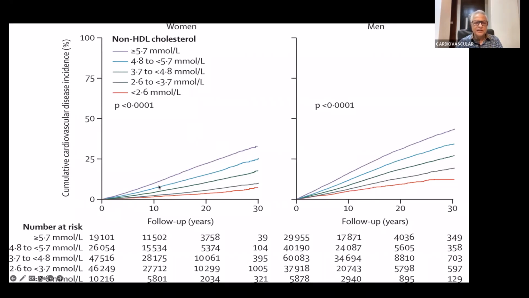We can see as the non-HDL cholesterol increases, the risk of incidence of coronary artery disease increases. So it's not only LDL. Reducing the non-HDL goal is also very, very important in terms of secondary prevention. If we don't tackle both, secondary prevention can never be achieved.